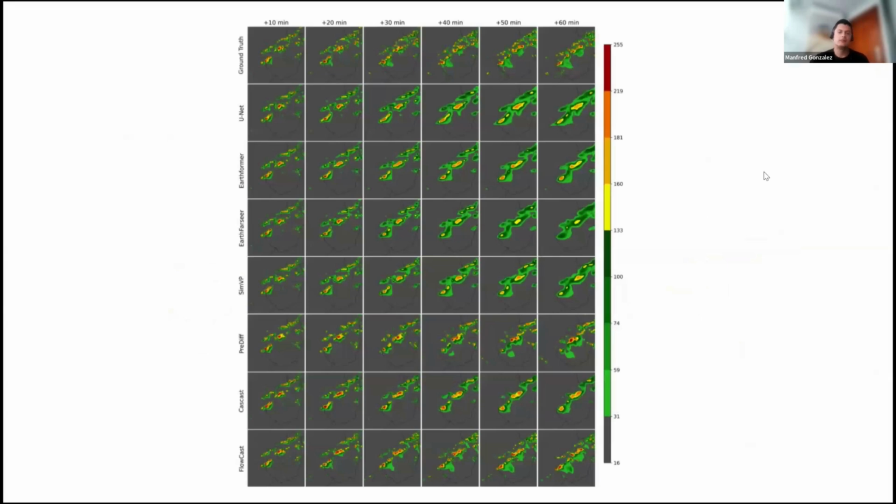And also another example is weather forecasting. So as you can see, you have the ground truth in the top row, and you have several algorithms. You have classical U-Nets, then transformer-based models, and some other state-of-the-art algorithms for weather forecasting.